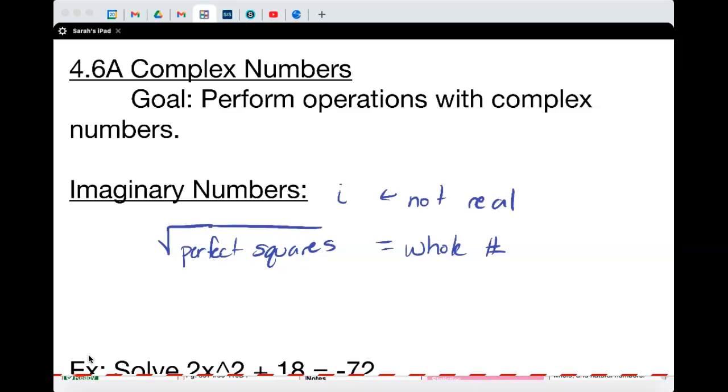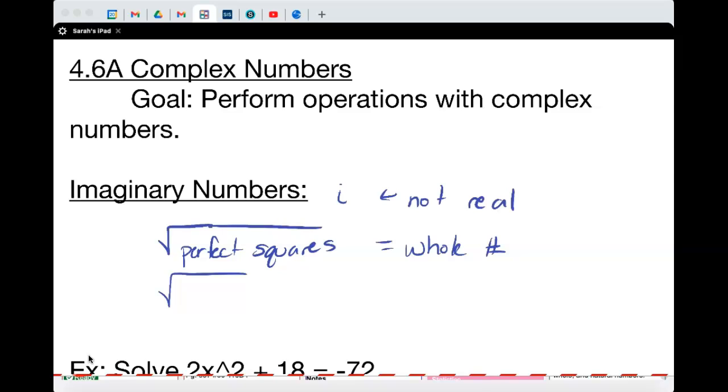What other kind of numbers can I square root? Real numbers, whole numbers, integers. What can I not square root technically? Negative numbers. So I can't square root negative numbers.